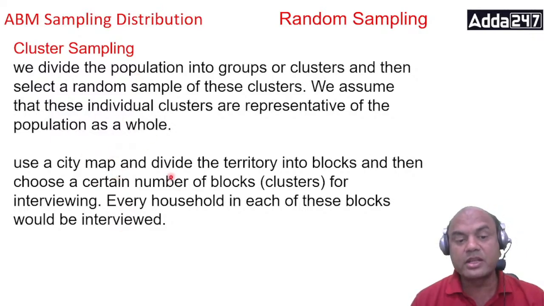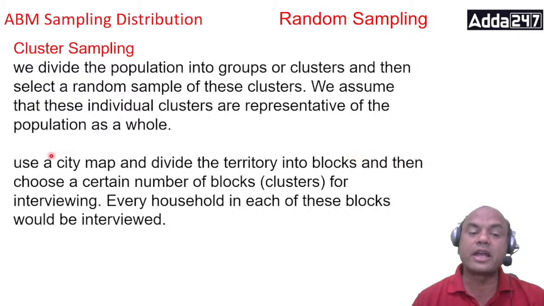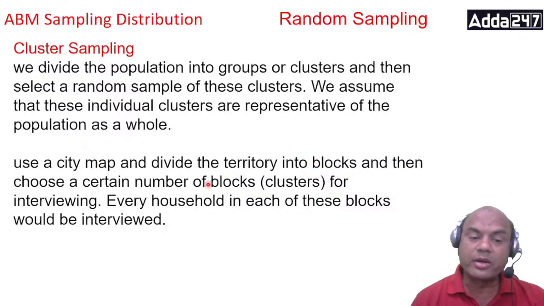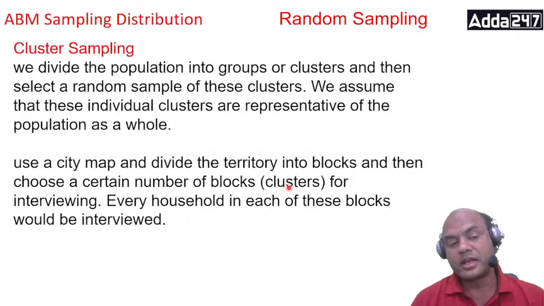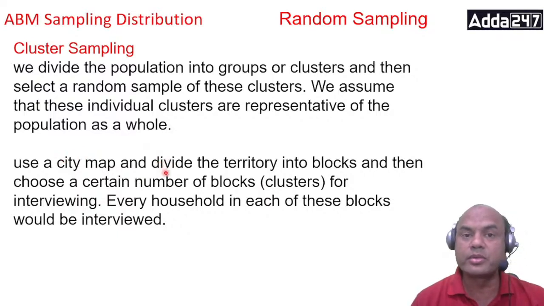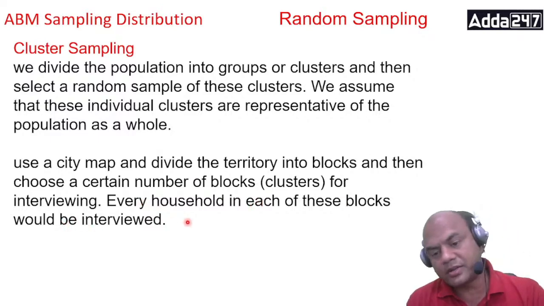We take a city map and divide the territory into blocks. Instead of a city, I can take the complete India map and divide it into various states. So again we are coming to geographical distribution, and then choose a certain number of blocks for interviewing. Out of this, I'll choose which state or which area I should interview. Every household in each of these blocks would be interviewed.